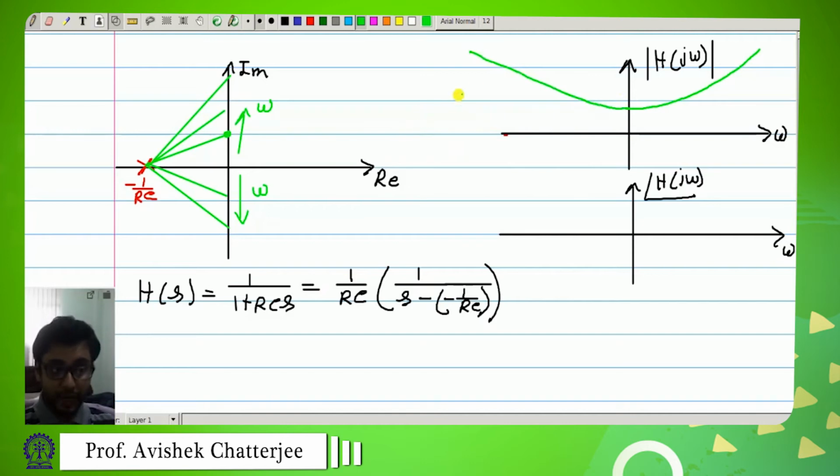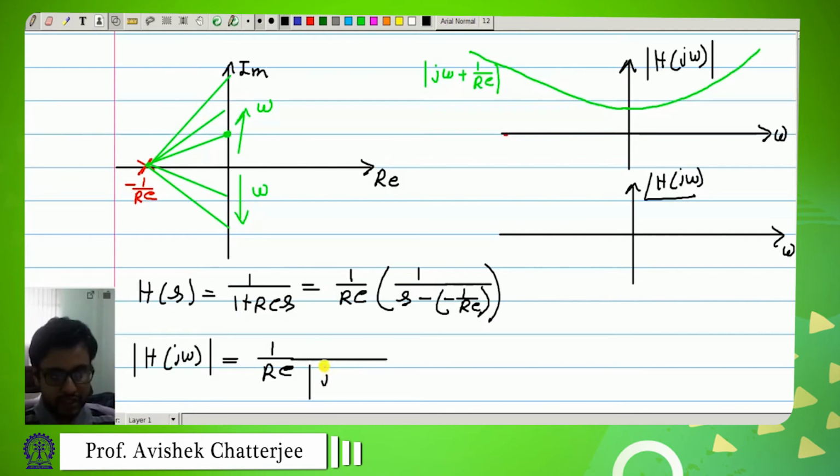Okay, but this graph is mod of j omega minus 1 by RC. Minus, so plus. Okay, but what we actually want is this mod of H(j omega), that is 1 by RC, and mod of j omega minus 1 by RC.